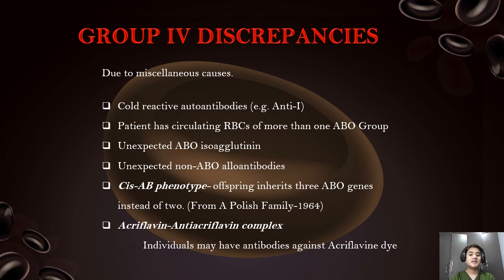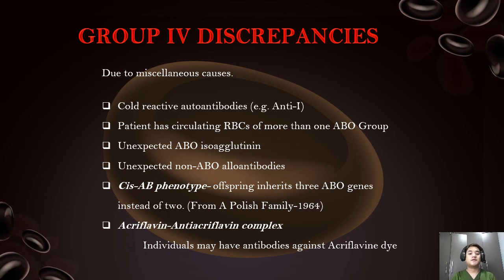And lastly, the cis-AB phenotype, which is characterized by the inheritance of both A and B genes from one parent carried on one chromosome and an O gene inherited from the other parent, a very rare case of a progeny having three ABO genes instead of two. Cases were first recorded from a Polish family in 1954.